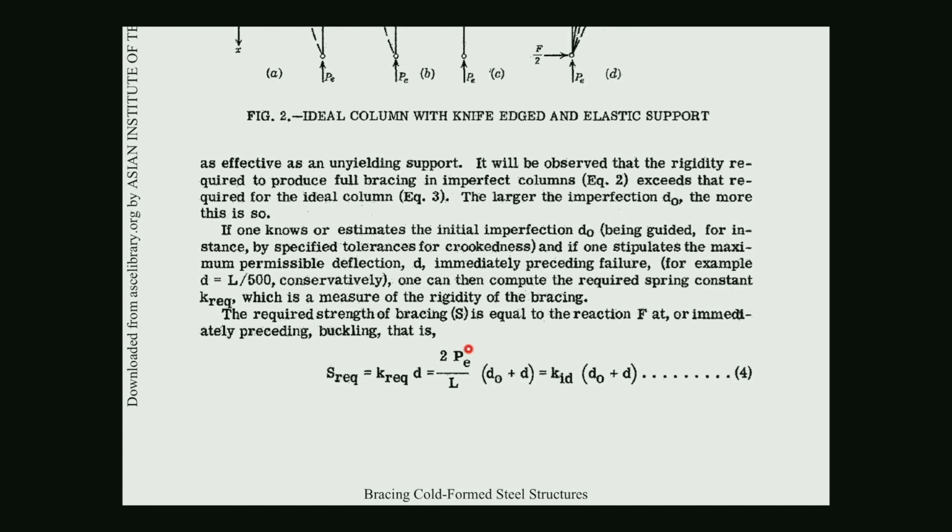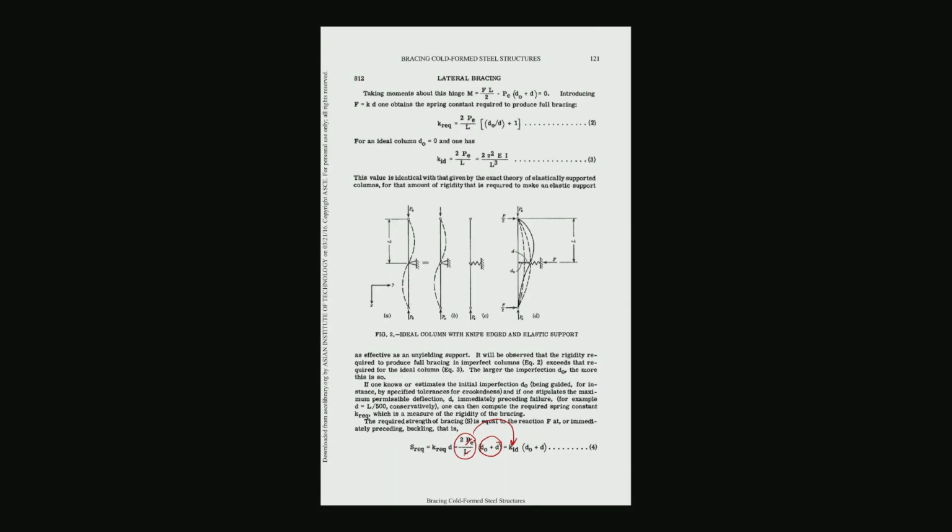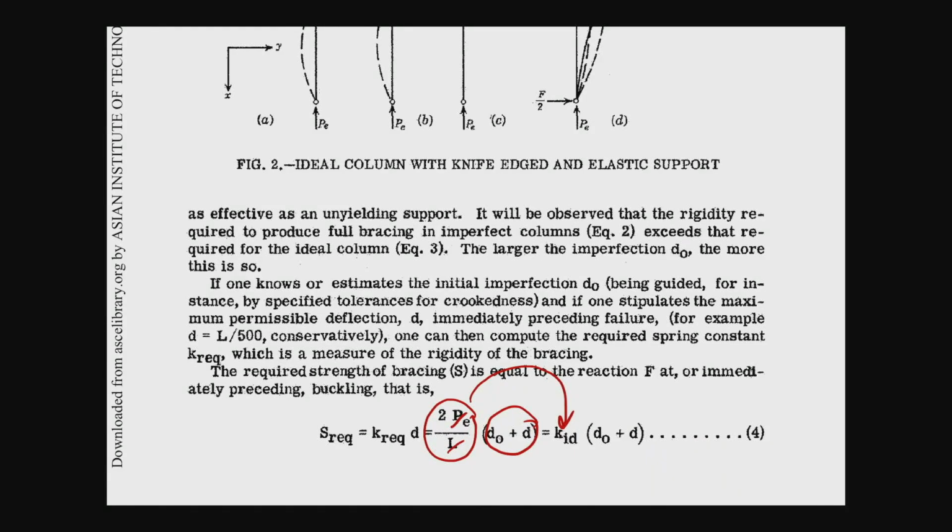Now this part here is actually the K ideal. So PE can be determined, L is known, but the D naught plus D, what is that? If you limit the number to be small, like, we're not going to exceed this small D value, then the capacity will also be small as well.